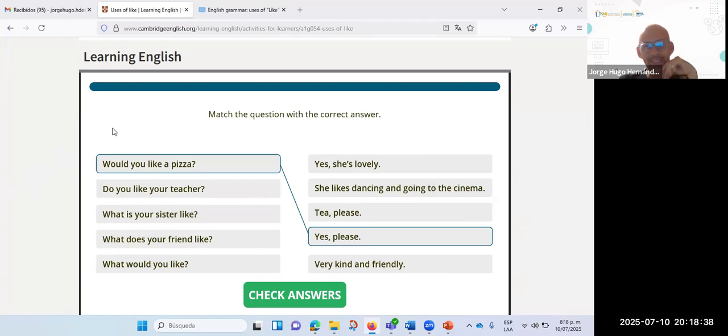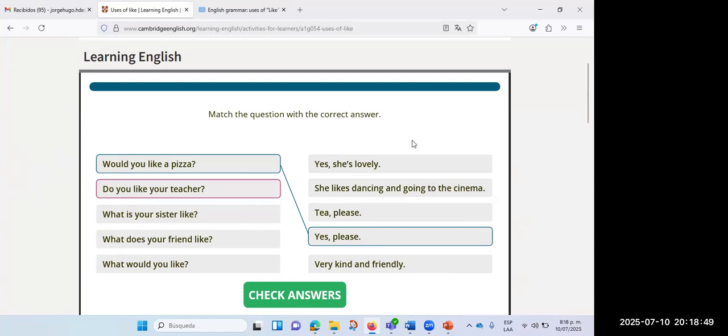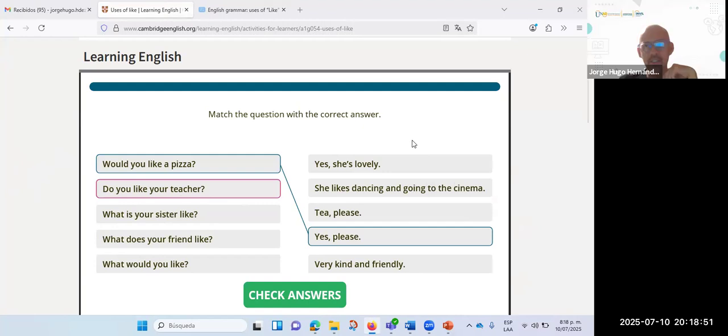Valentina Quintero. I don't remember that there are two Valentinas here. Do you like your t-shirt? Yes, she's lovely. Valentina Castillo. What is your sister like?